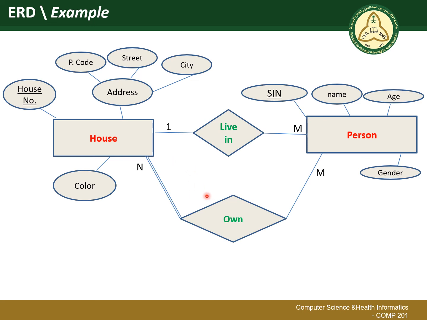And every house is owned by at least one person. So there is total participation from the house, because every house is owned by at least one person, in the relationship from the house side.